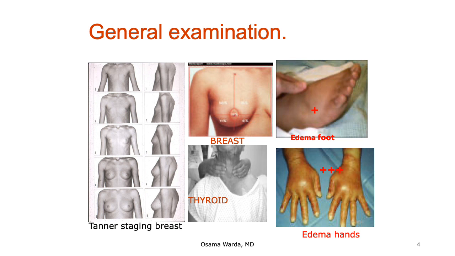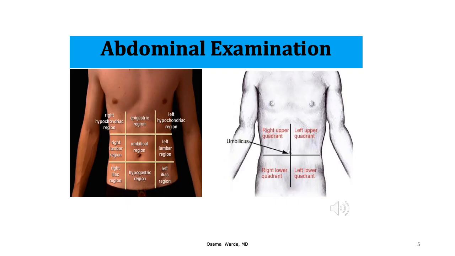These are pictures for some parts of examination, including the breast development as graded by Tanner, the breast examination, thyroid examination, and so on. These techniques of examination are explained extensively in the gynecological case taking. We shift to the abdominal examination.